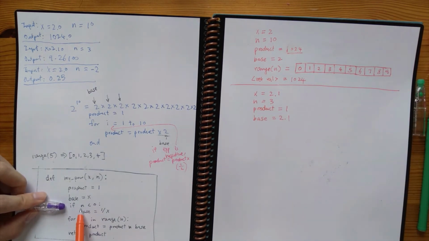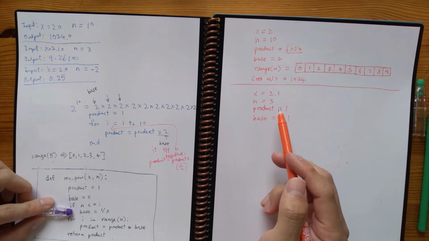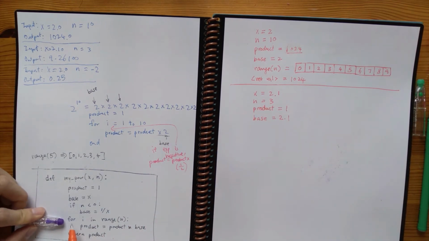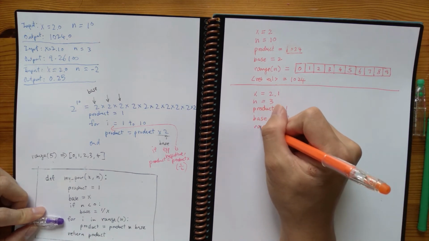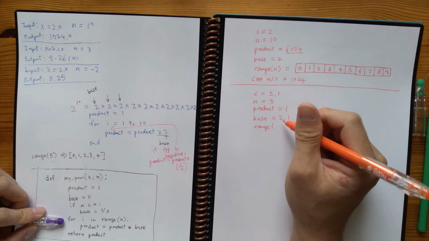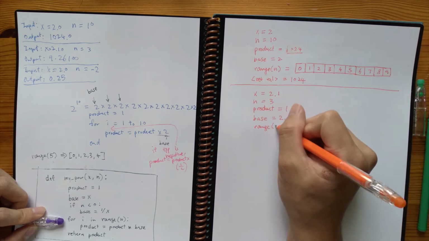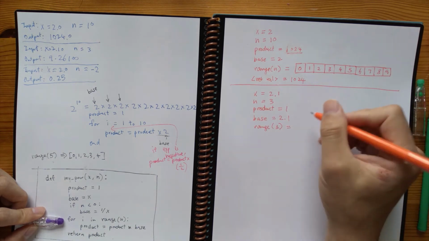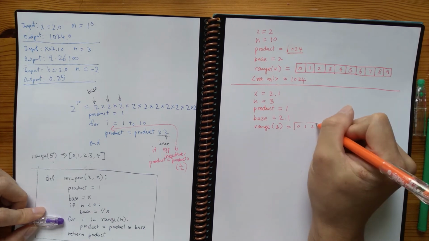And then if n is less than 0, which it's not, so we're skipping the next statement and going to the for loop. For the for loop, again, we're going to generate a range of n. I'm going to write it out. Range of n is range of 3. So range of 3 is going to have 0, 1, and 2 in it.